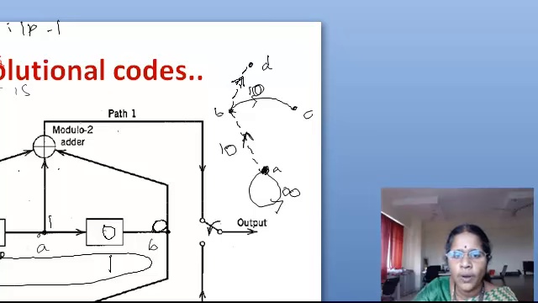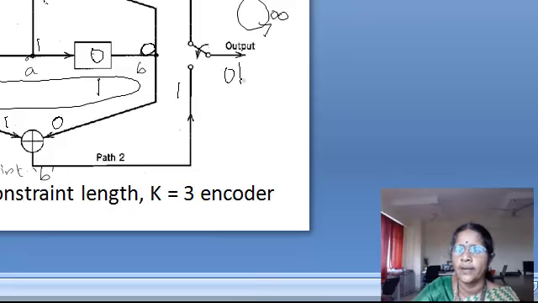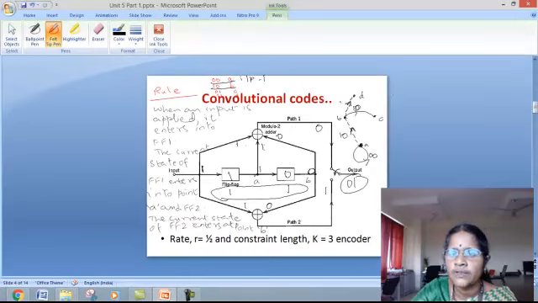My output would be here 1, here 1, and here 0. 1 plus 1 is 0, 0 plus 0 is 0. And here it is 1, and here it is 0. 1 plus 0 is 1. And so my output is 0, 1. So here my output is 0, 1.